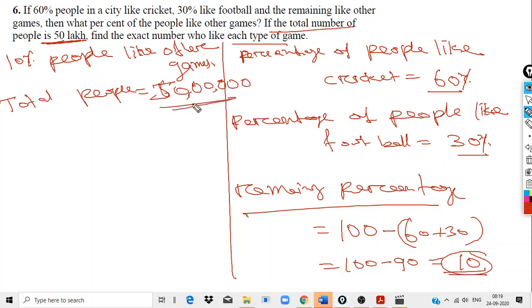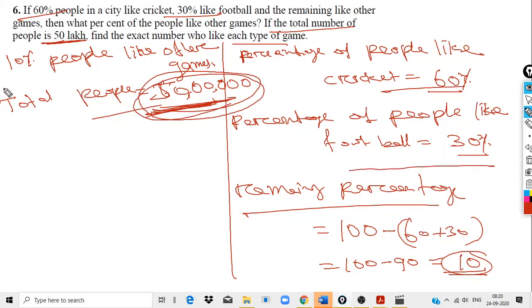So this is the total number of people. Here we have to find 60% of 50 lakh, then 30% of 50 lakh, and for other games 10% of 50 lakh. So please remember 50 lakh is the total number of people, and 60% is cricket, 30% football, other games 10%. I am erasing it.